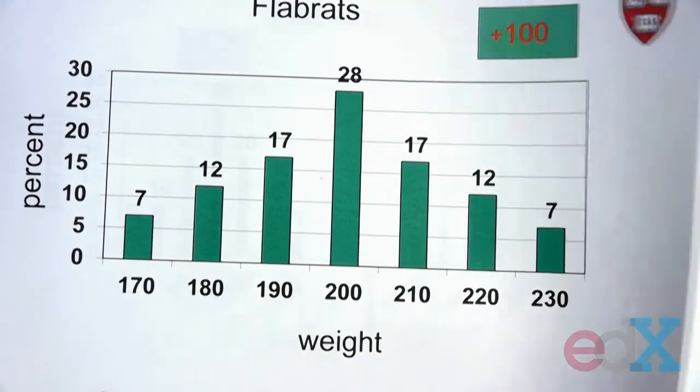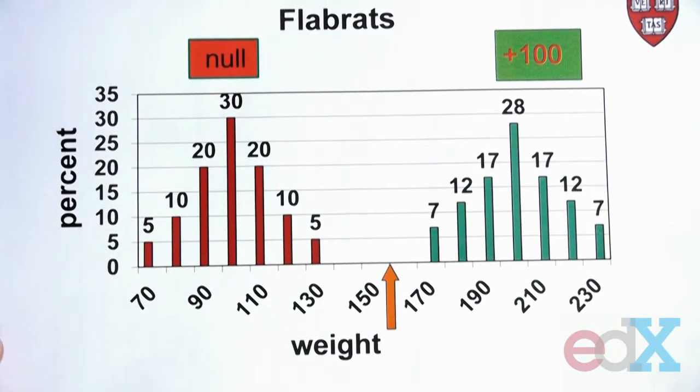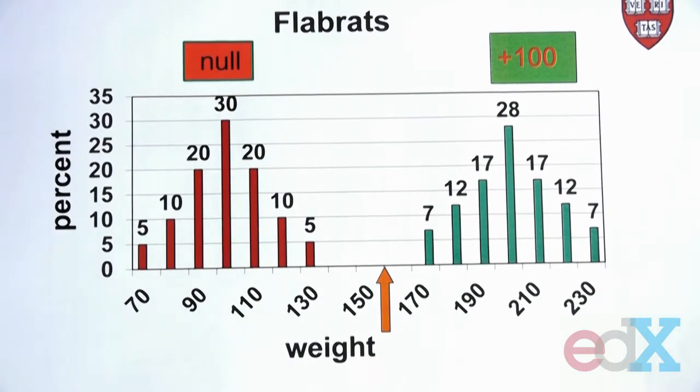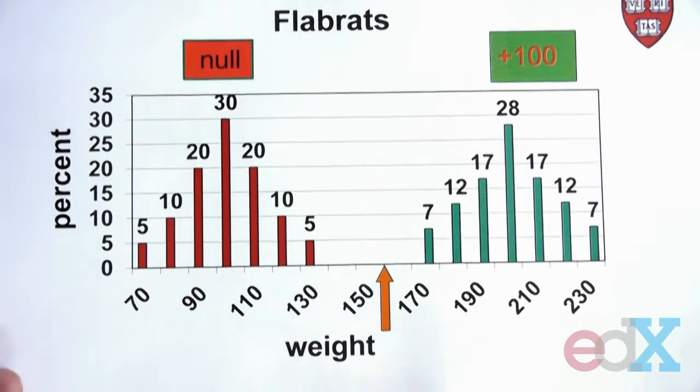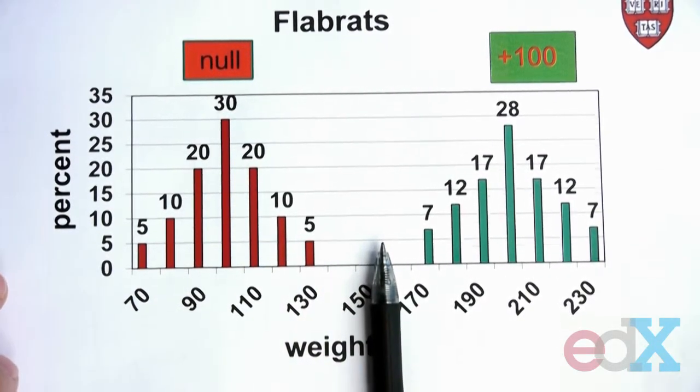If we put the two distributions side by side, how would you decide to classify the FLABRAT? Surely the decision should be made on how much the FLABRAT weighs. So you can take it, weigh it, and then decide. Now, suppose you use that decision rule. What might be a criterion for your classification?